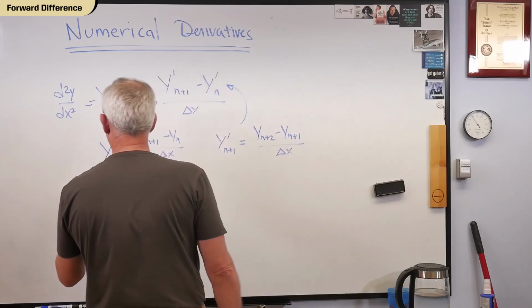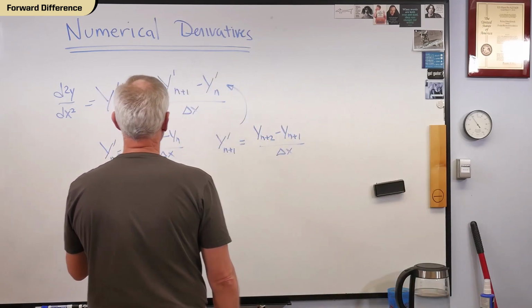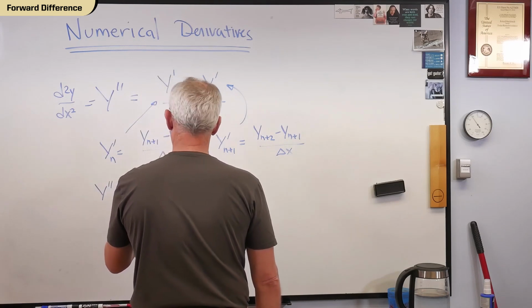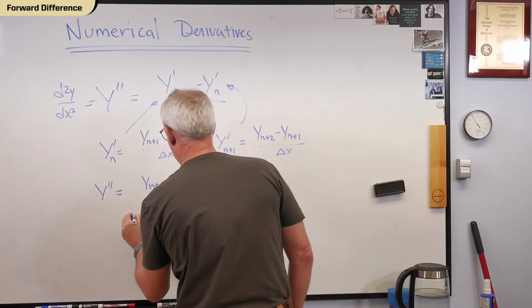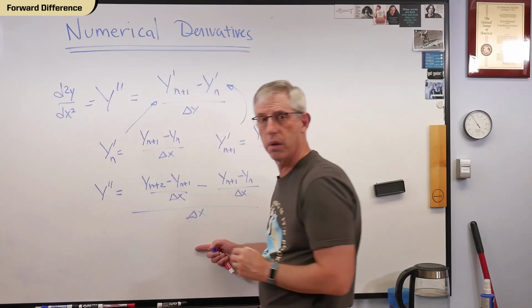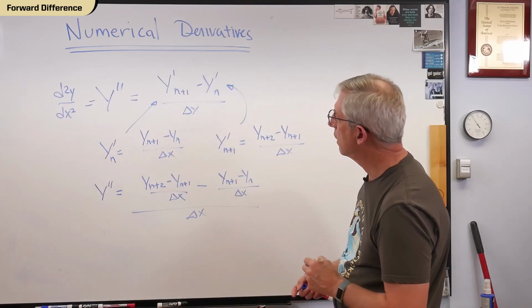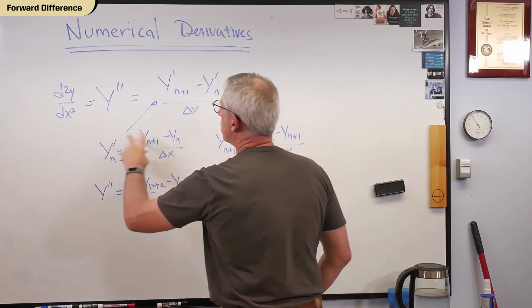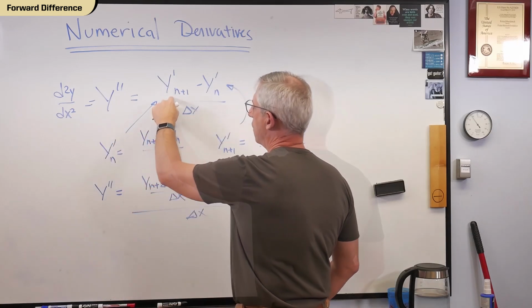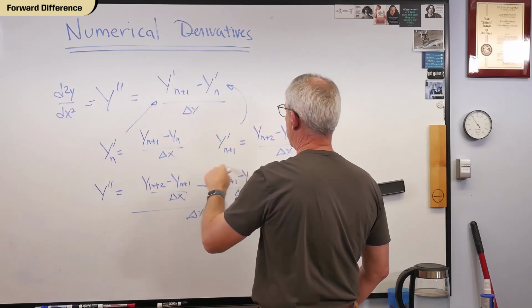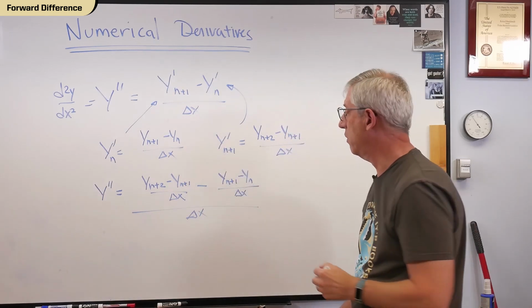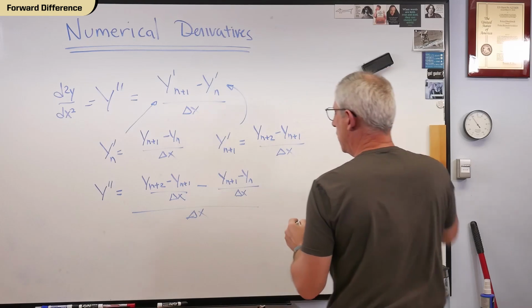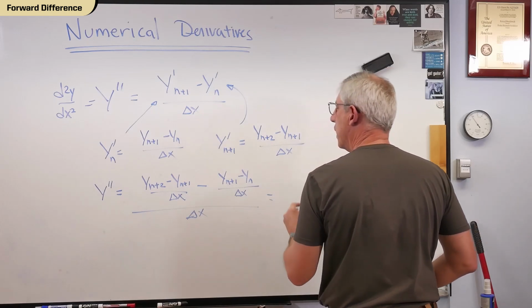So y double prime must be... Can we see that there? Okay, good. So what I've done here is take this expression for y prime of n and y prime of n plus 1, and substitute them in. Let's clean this up a little bit.